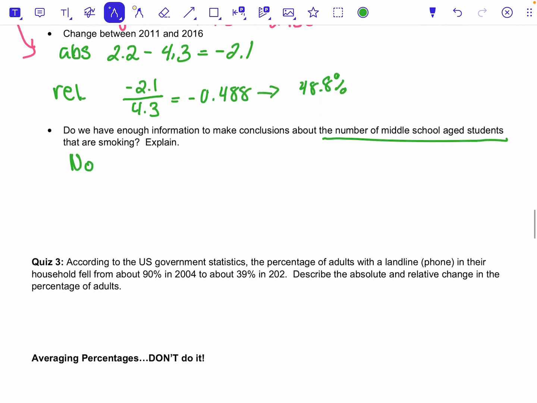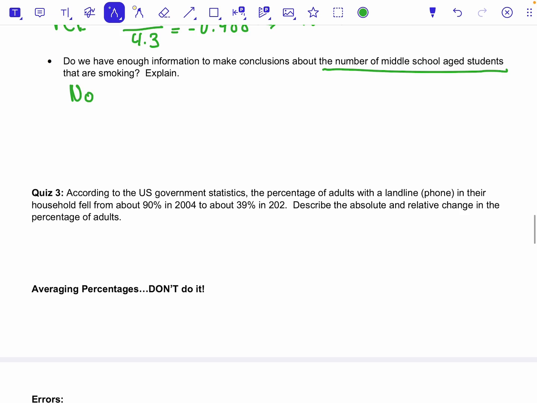Similarly, I'm not going to spend a lot of time on it, but I briefly want to touch on the fact that we can't average percents, for the same reason that we couldn't make conclusions about the population. If I have 40% of people who like to cook and 60% of people who like to run, they average together to make 50%.